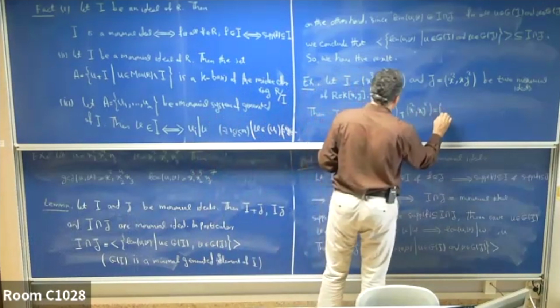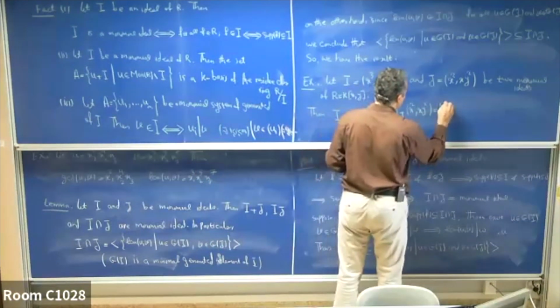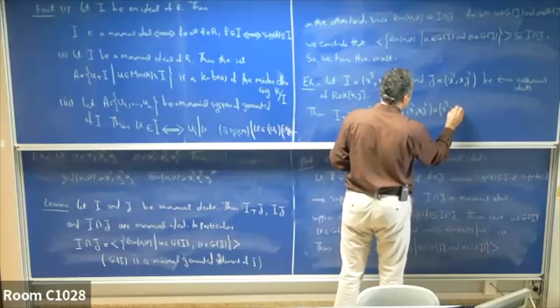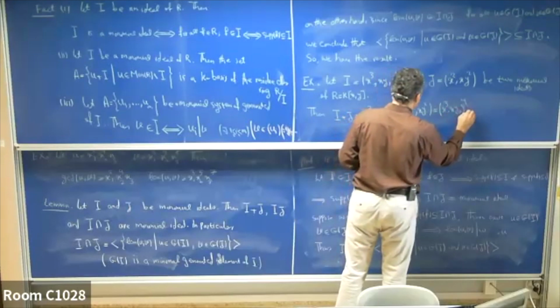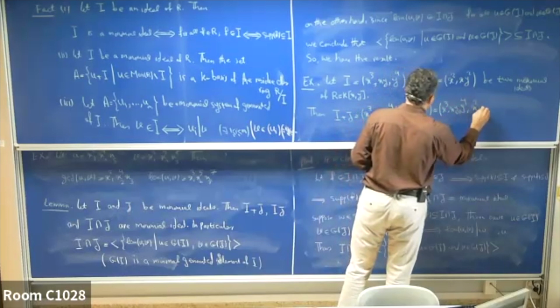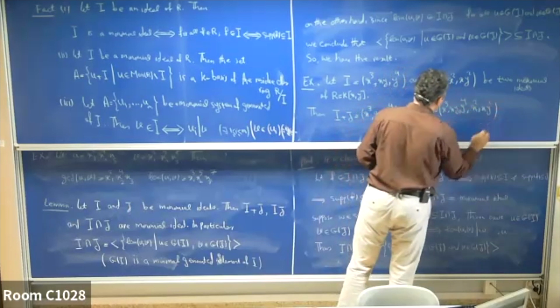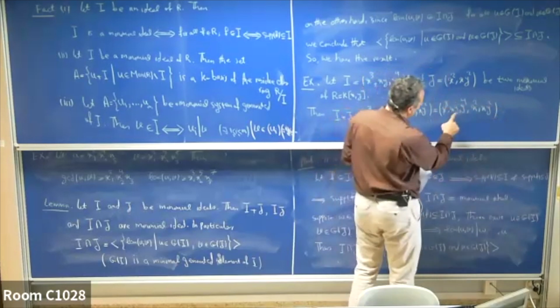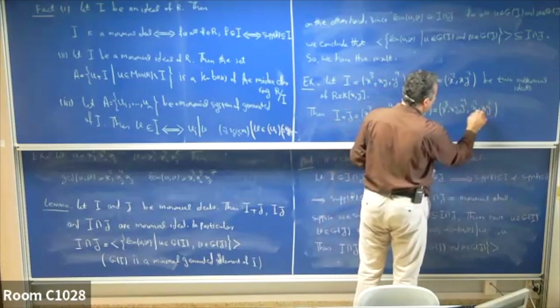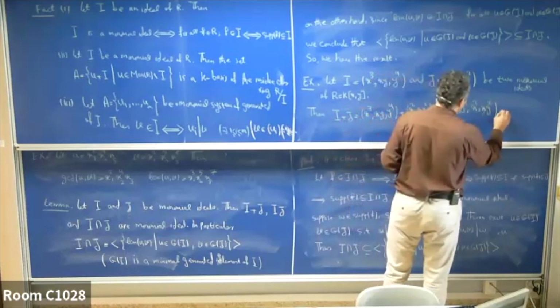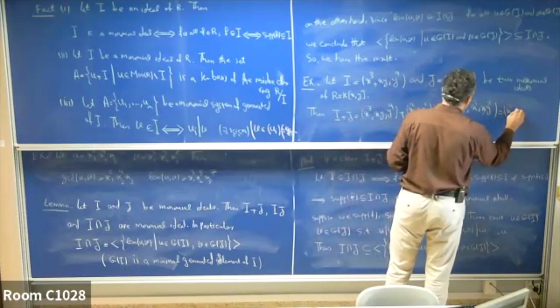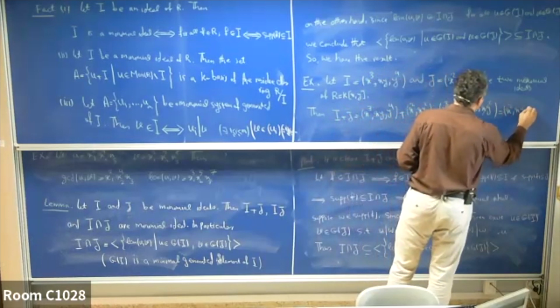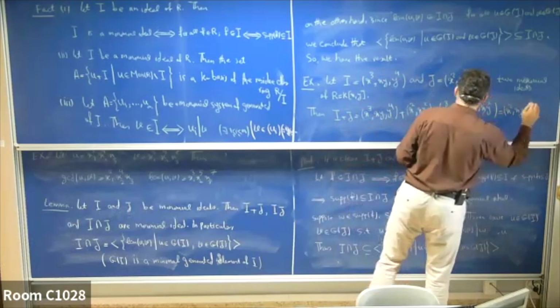This is equal to x^3, xy, y^4, and x^2, y^2. So this one is bigger, so this one is cancelled, and so we have x^2, xy, and y^4.